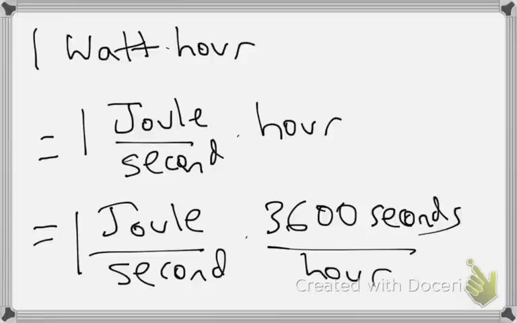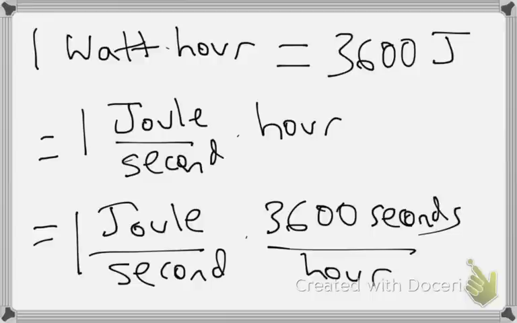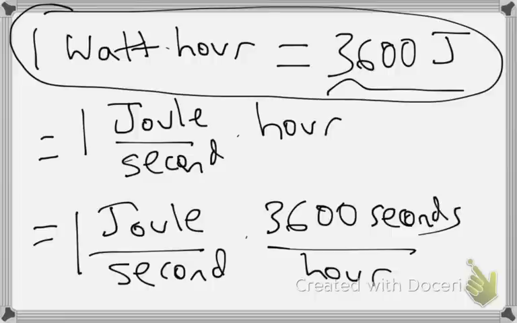So 1 watt-hour is equal to 3,600 joules, because in 1 hour you will have used 3,600 joules if you are burning energy at a rate of 1 joule per second. A little confusing, but if we remember this, that will help us enormously.